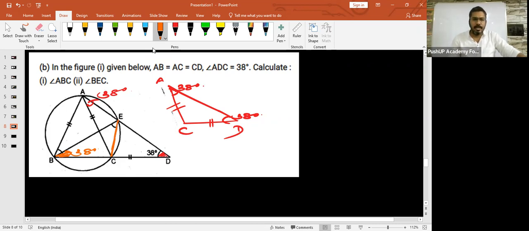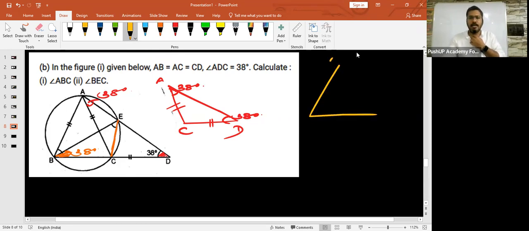Now, what can we do further? AB, AC, CD are equal. ADC is 38. Calculate ABC. If you want to find this whole angle ABC, you have so far found this value, which is 38 degrees.